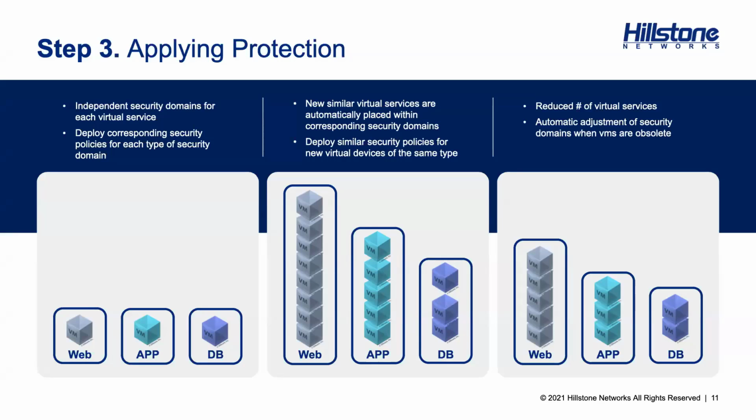Under the blacklist approach, the default policy is to allow all traffic. But an administrator will configure policies to determine what is considered illegal traffic and what to do with the illegal traffic.